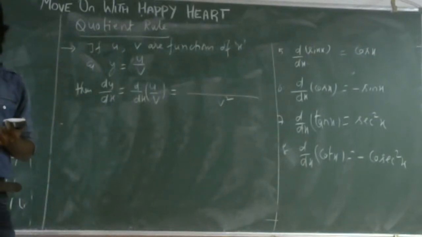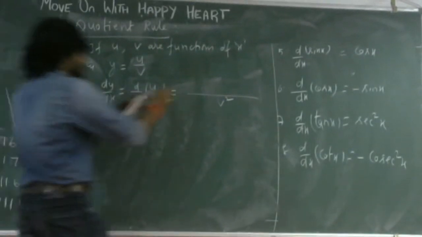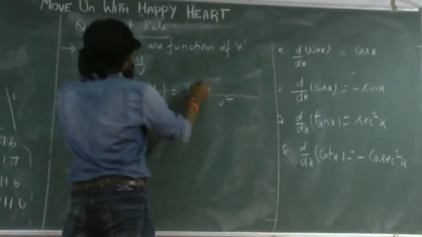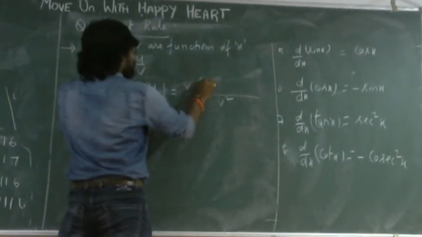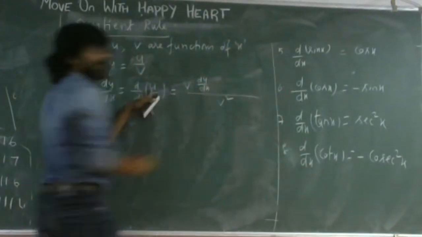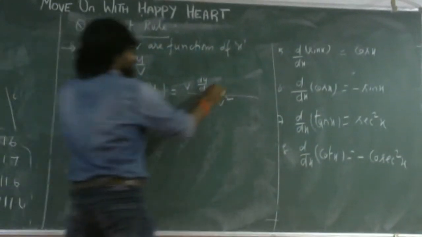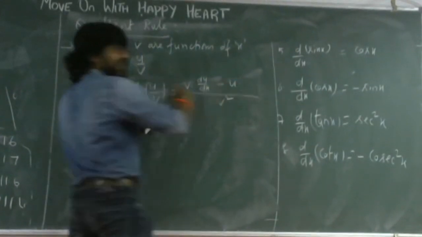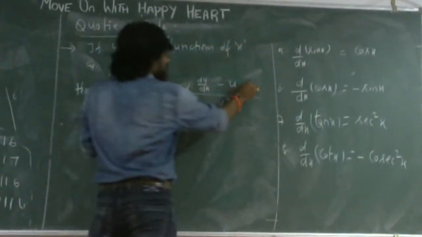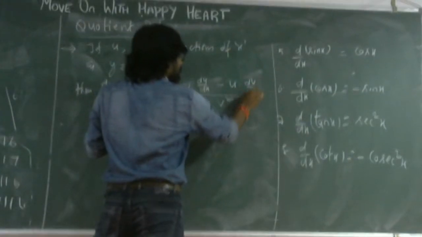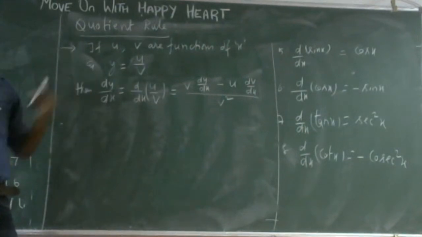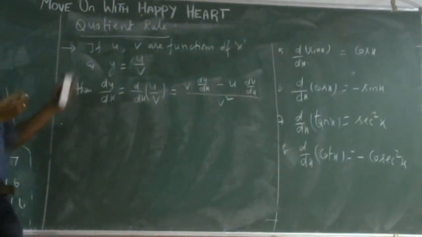And the same function, v, into du by dx, the differentiation of u, then minus u into dv by dx, the differentiation of the second one, that is v. This formula is called the quotient rule, or differentiation of u by v.